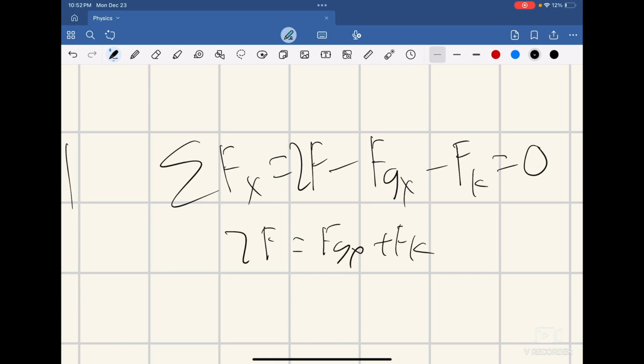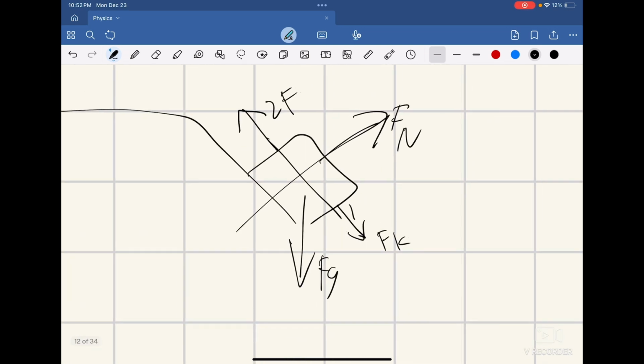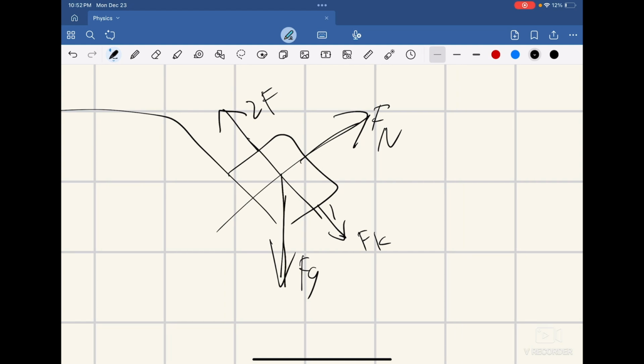And here, F_gx is composed of F_gx here and F_gy, and the theta here is congruent to this one. Is it that one? No, it is, because if you think of this, this is theta, right?